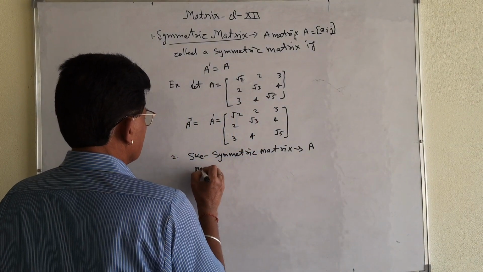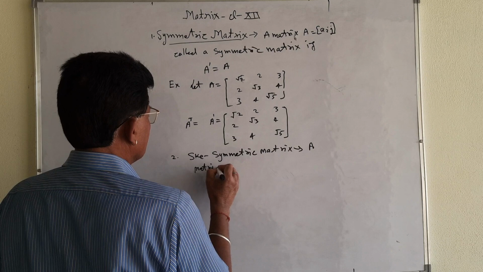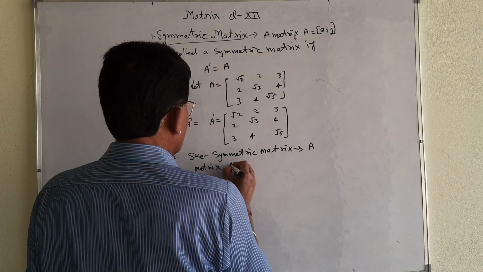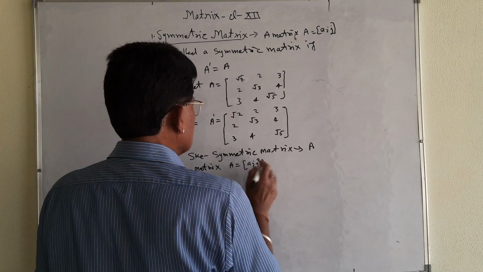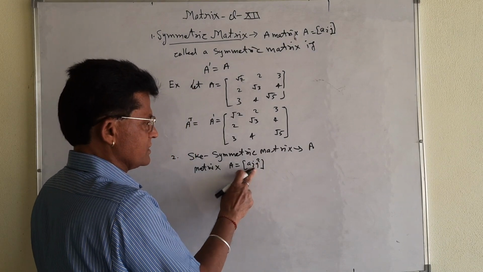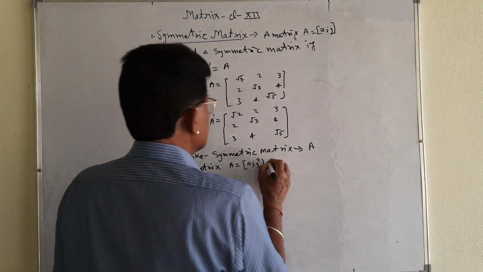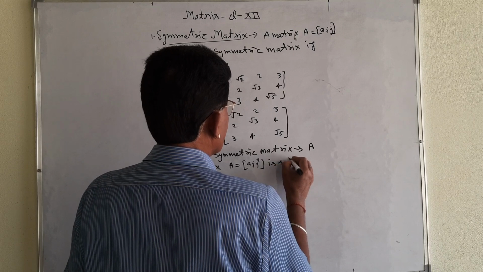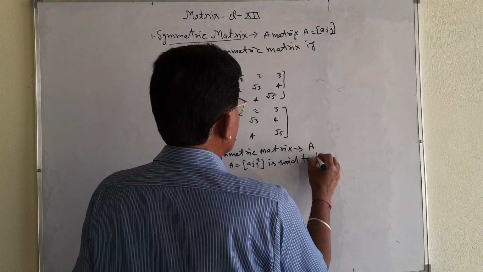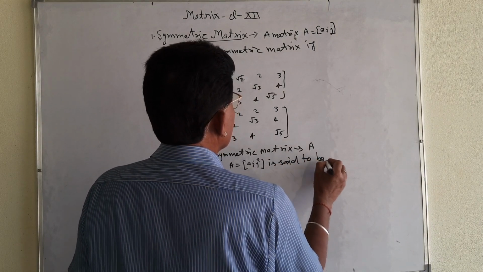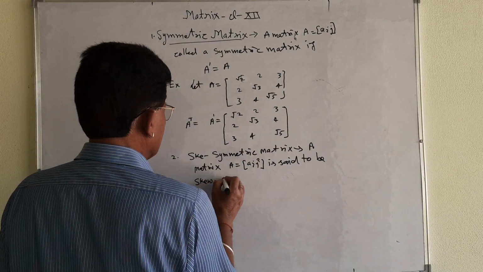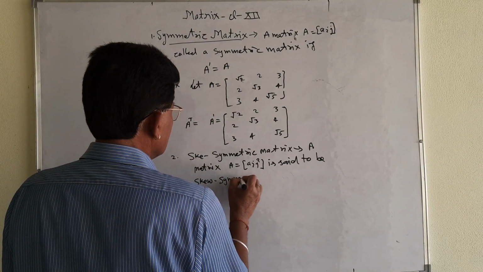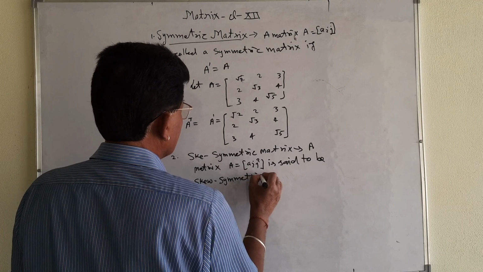Let me write a matrix in a similar kind of form, Aij. My dear student, i indicates the row, j indicates the column. It is said to be a skew-symmetric matrix under the condition.